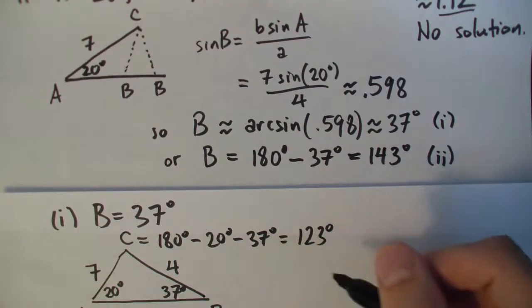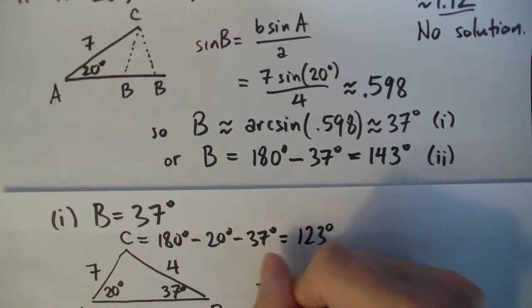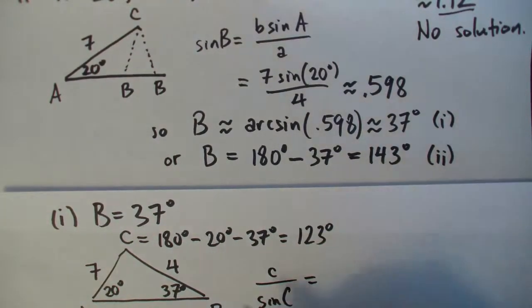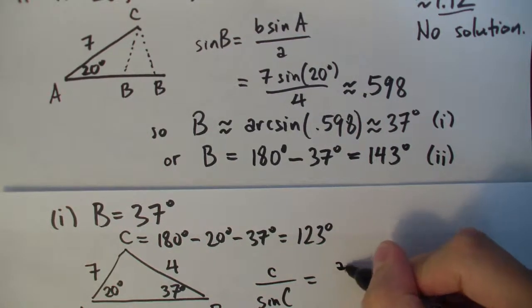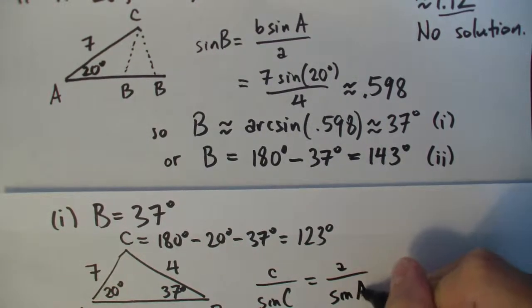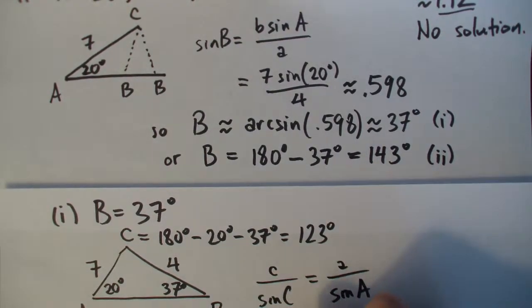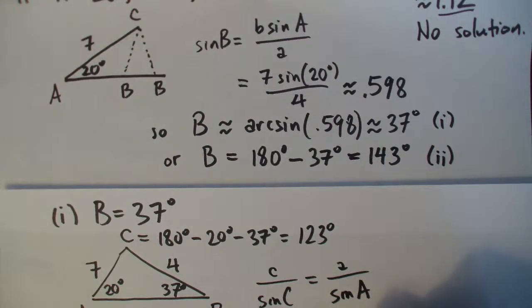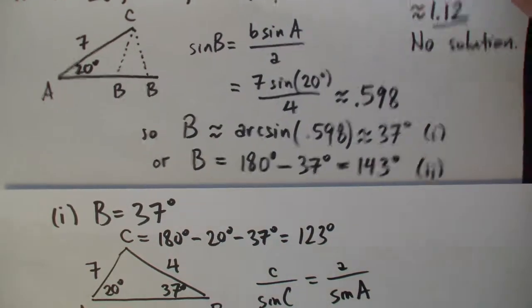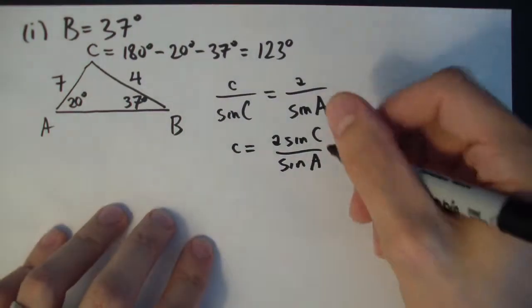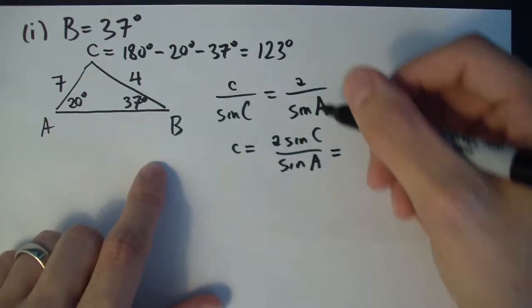So in this case, we'll figure out that C over sine C is equal to A over sine A, and cross multiplying and everything, we'll find that C is equal to A sine of C over sine of A. And again, we figured out what C was.